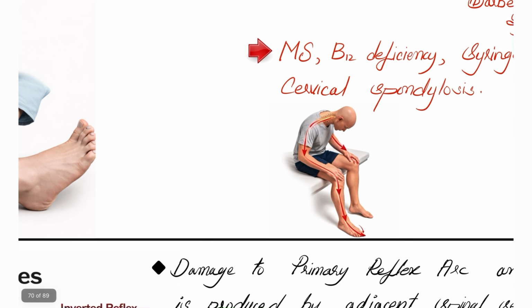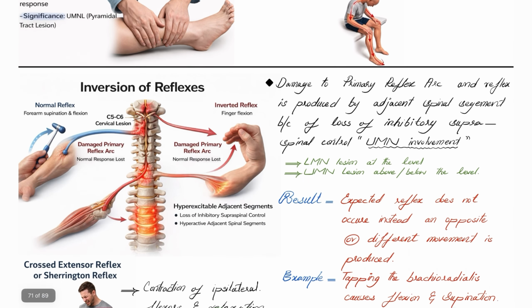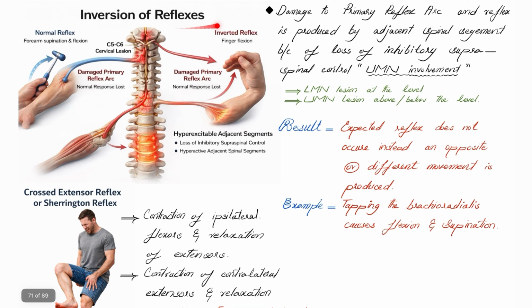There is one more abnormality of the deep tendon reflexes, which is called inversion of reflexes. When there is damage to the primary reflex arc, the reflex is produced by the adjacent spinal segment because of loss of inhibitory supraspinal control. Why? Because now there is involvement of upper motor neurons.